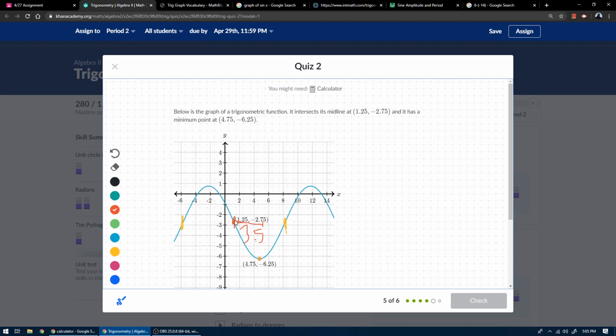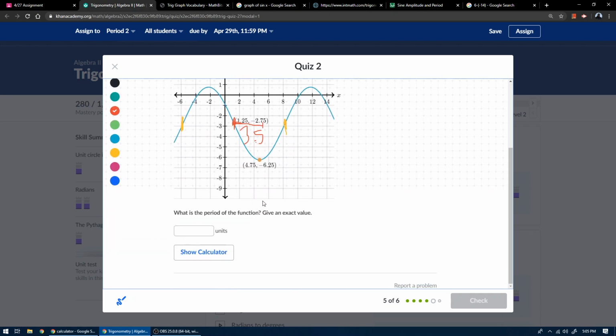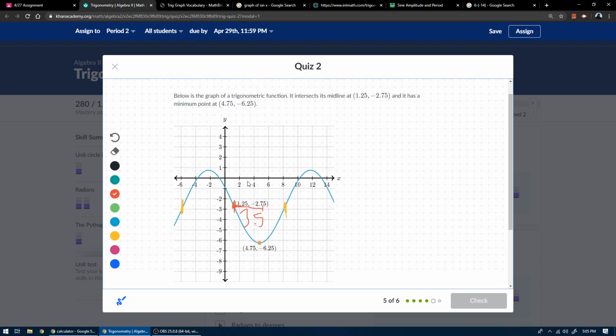So this distance is 3.5. To go from the midline to the low point, I add 3.5. 1.25 plus 3.5 is 4.75.